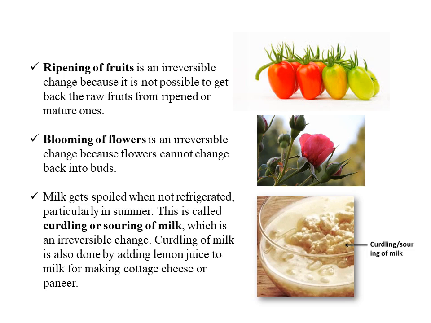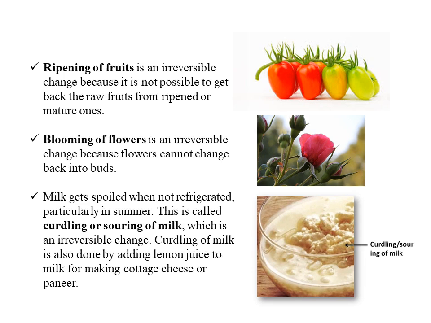Next example is souring of milk or curdling of milk. Here milk gets spoiled when it is not refrigerated, particularly in summer. This is the common case, curdling or souring of milk, which is an irreversible change. And curdling of milk is done by adding lemon juice to milk for making cottage cheese or paneer.